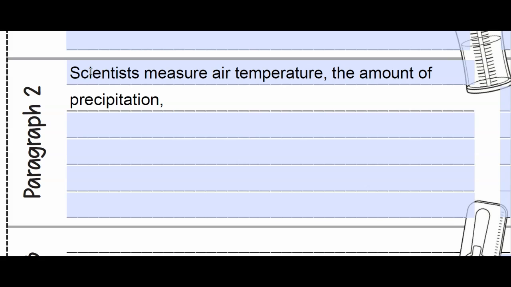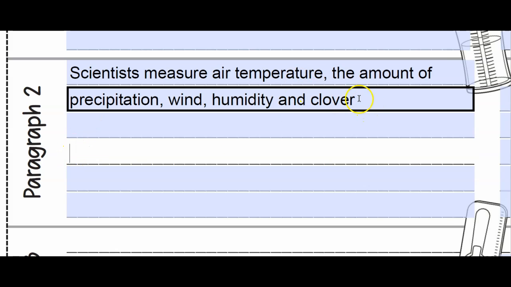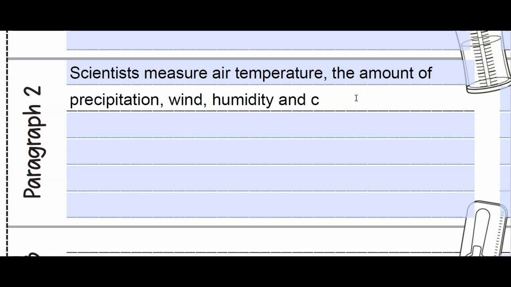What? Rain, yes. Any moisture that comes from the sky is precipitation. Rain, snow. They measure wind, humidity, and cloud cover. Okay. Not clover, sorry. And cloud cover.